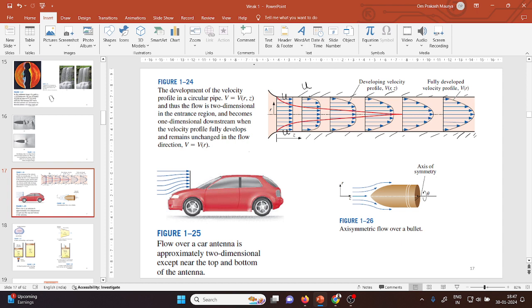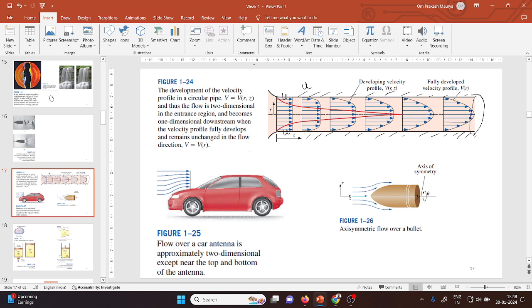Whatever I have explained earlier, due to the friction of the pipe wall. So after moving, the velocity is behaving like that.